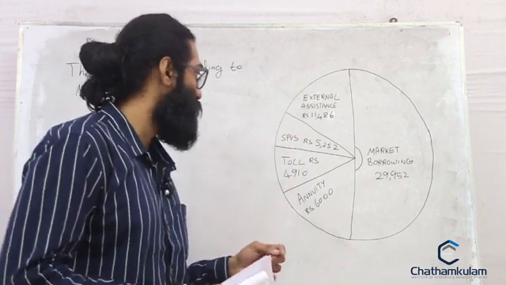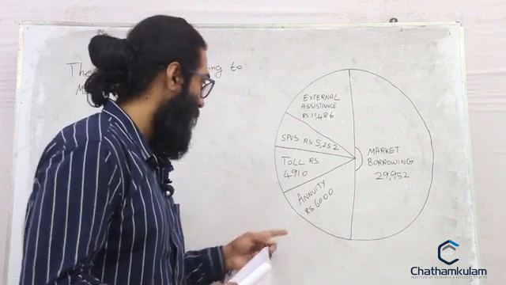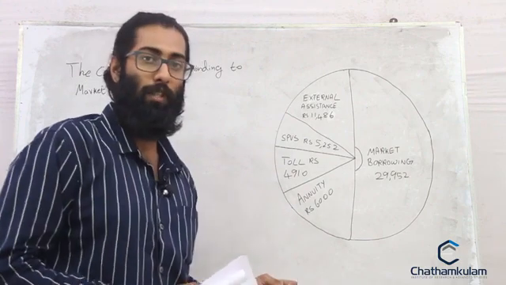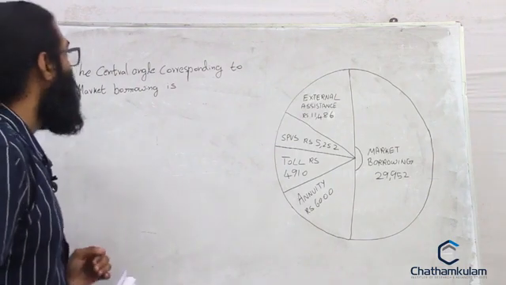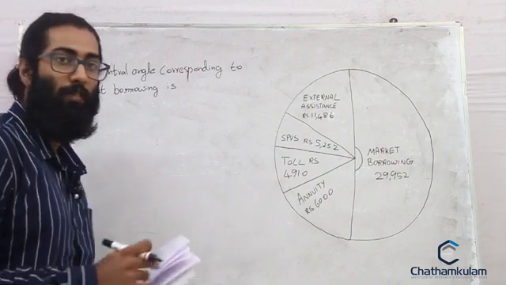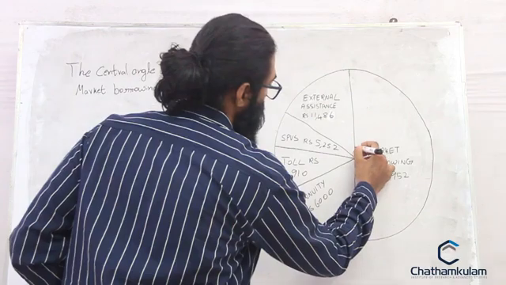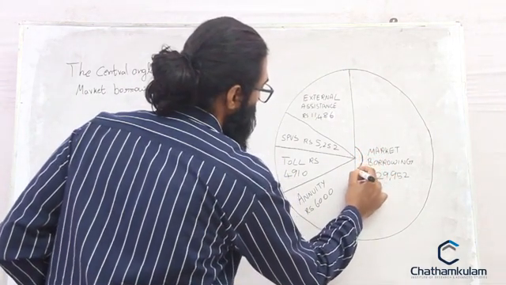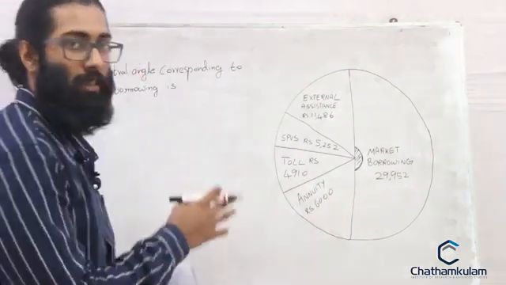SPVS is 5,252 and toll is 5,910 and annuity is 6,000 rupees. So the first question is the central angle corresponding to the market borrowing. So the central angle corresponding to the market borrowing is this angle, right? So first question is to find out this angle.